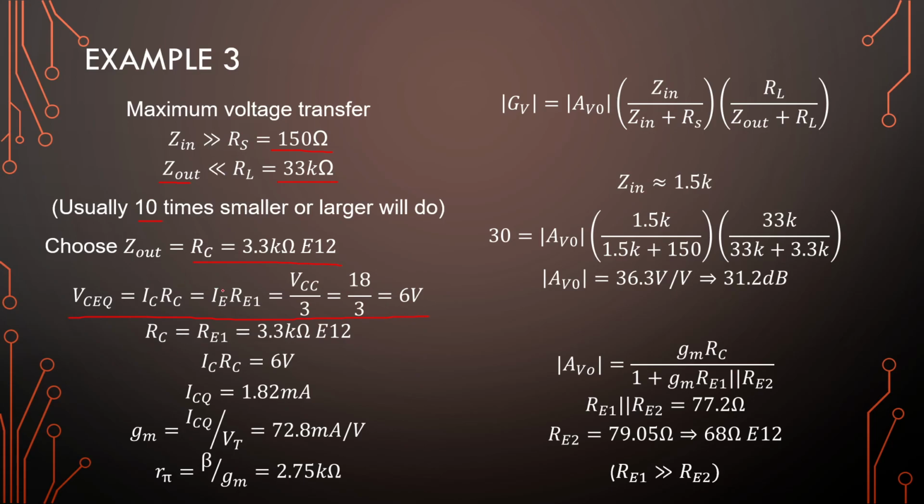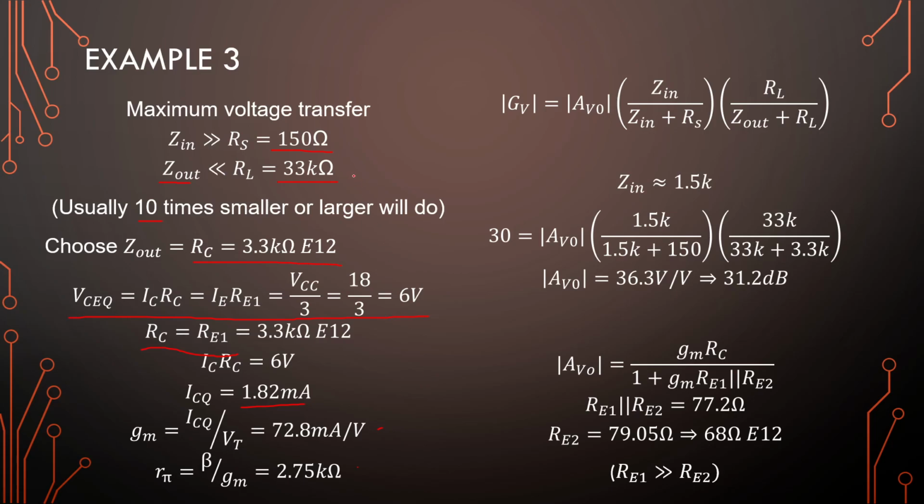And note that due to this, our collector resistor and our emitter resistor will be the same value. Okay, from that we can calculate our collector current as 1.82 milliamperes and get our small signal parameters. Note we have a larger current again, so our r_pi decreased and our transconductance increased.